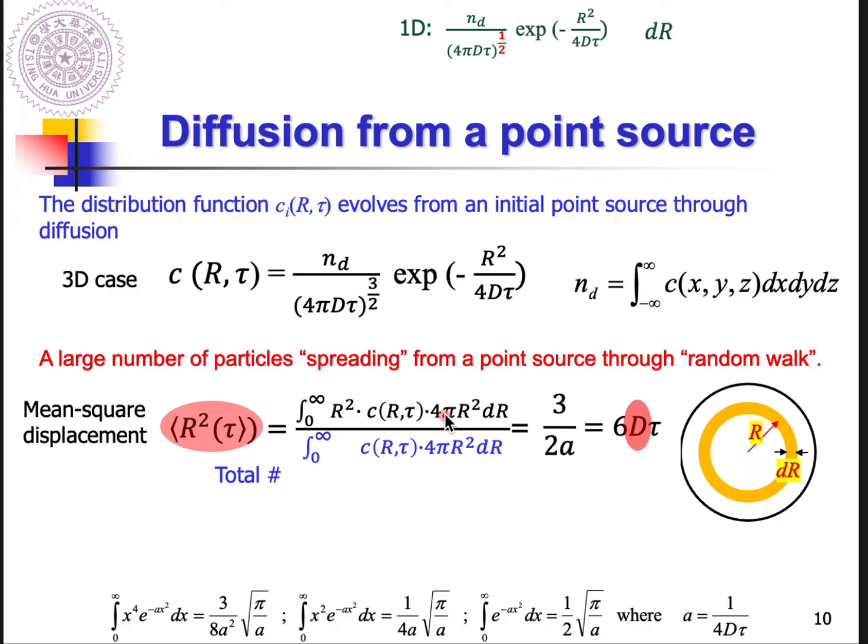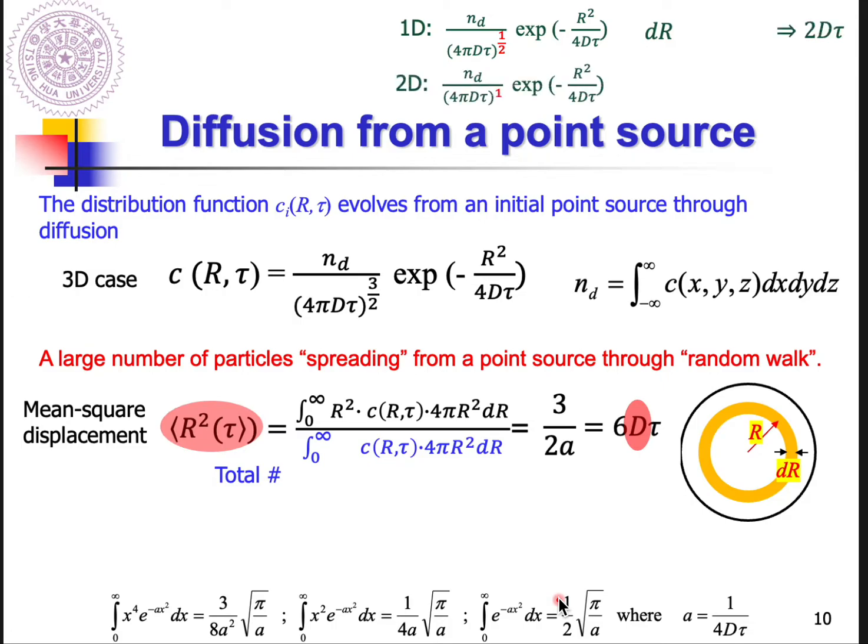So it's dr. You use this to substitute this portion, so it will be r squared times exponential minus r squared in the upper portion, and the bottom portion only has this term, exponential minus r squared. So this divided by this, you get 2Dτ.